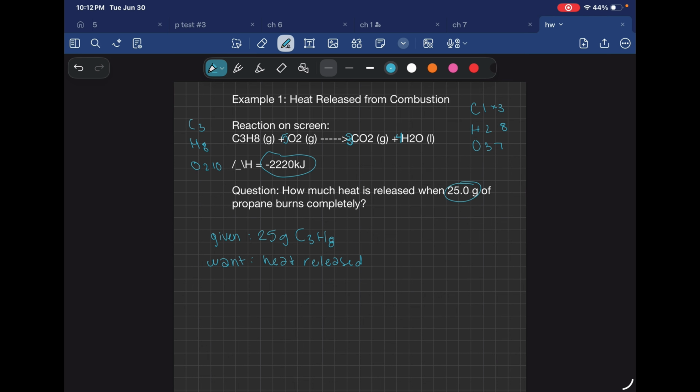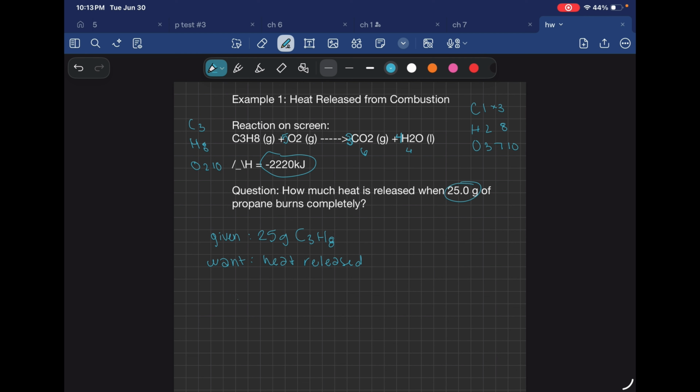And now let's see about these O's. We have 10 O's on this side, and we have 3 times 2, that's 6, plus 4 times 1, which is 4. So now we have 10 O's on this side. So now this is our fully balanced equation.